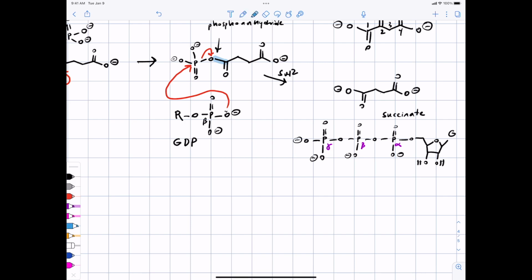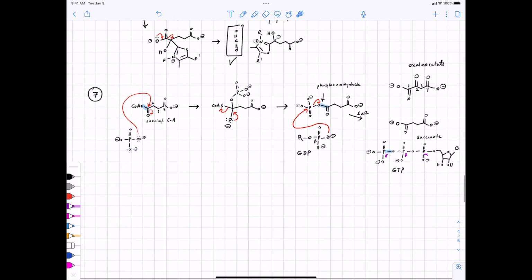Okay, here is the bond that we made, and that installed the gamma phosphate group on GTP. And so you can exchange GTP with ATP, so we can count that among the molecules of ATP that we form.